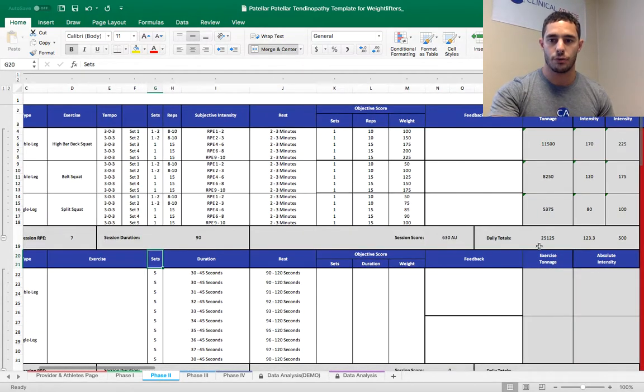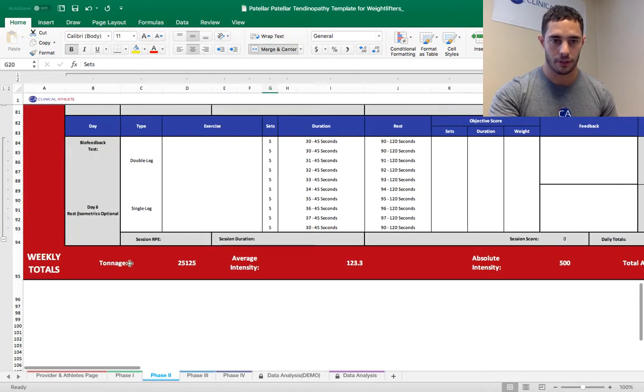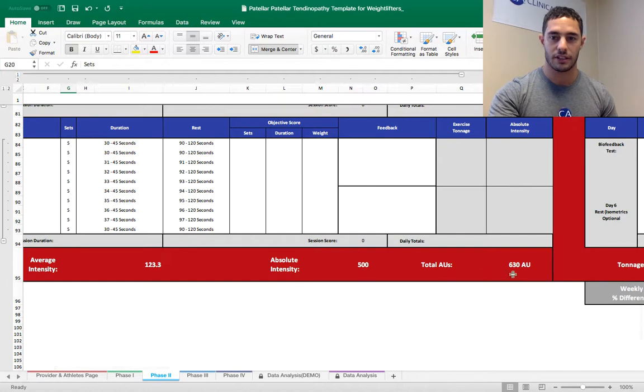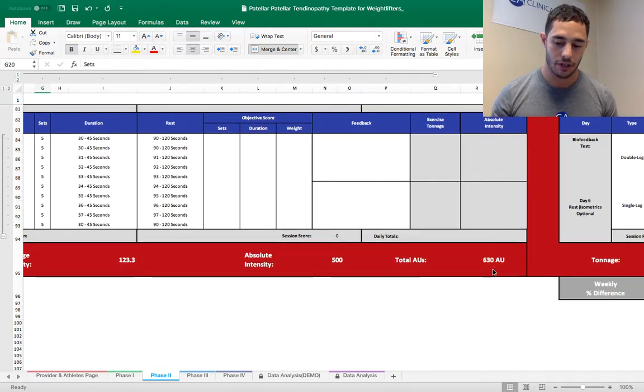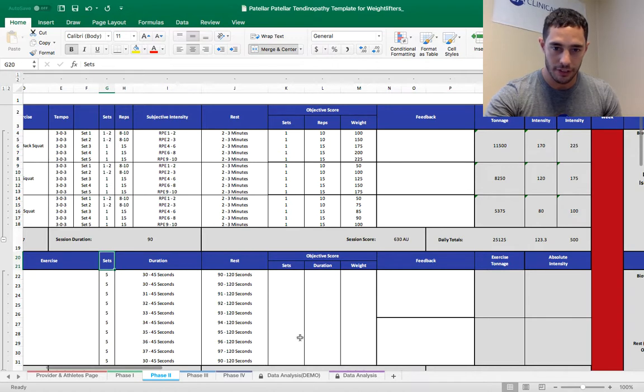At the bottom of each week, we have our weekly totals: tonnage, average intensity, absolute intensity, and total AUs, which will be the sum of all the session scores for each training day. These are all the same values as you saw up here because we don't have any of the other days.